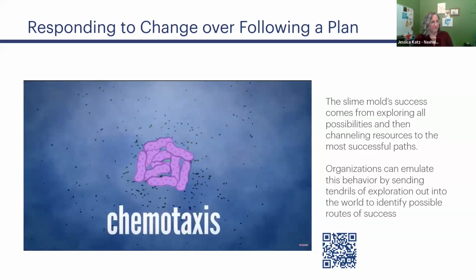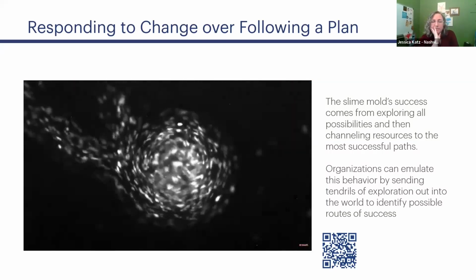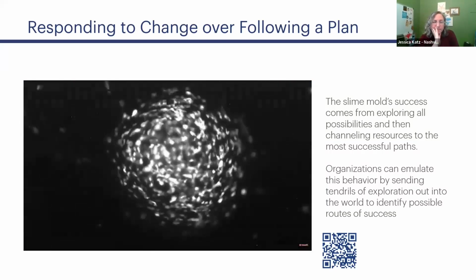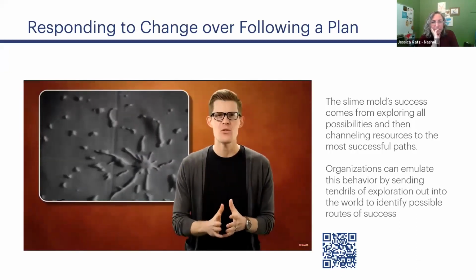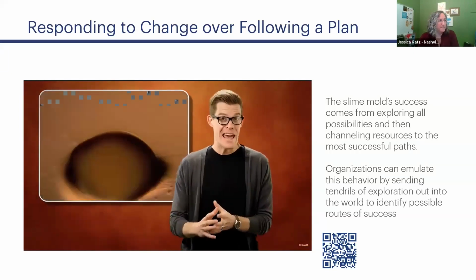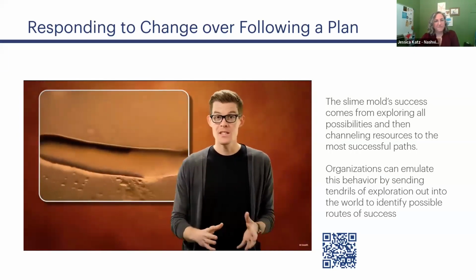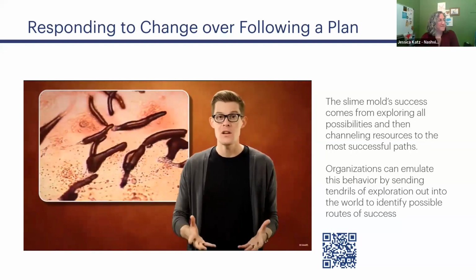This is called chemotaxis, and the bigger the mass gets, the stronger that signal, until eventually there's tens or hundreds of thousands stuck together. These once free-living cells now cooperate like a multicellular organism, coming together like Voltron and moving in unison. This slug travels farther and faster than any single cell could on its own.